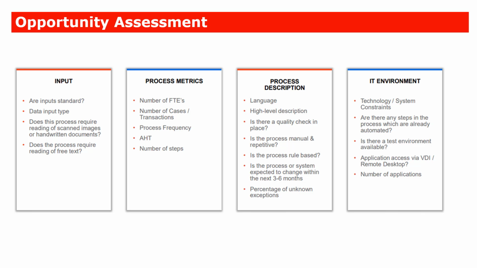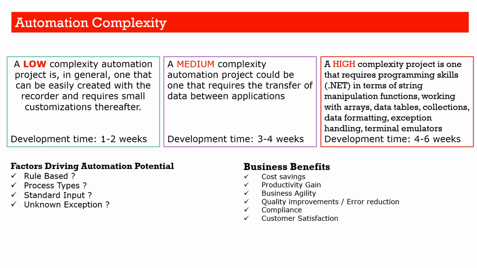So by considering all these factors, you come to the point where you are capable enough to decide what kind of automation it is, whether it is of low complexity so that you can develop in 1 to 2 weeks, whether it is of medium complexity so that you can develop in 3 to 4 weeks, whether it is of high complexity so that you can develop in 4 to 6 weeks.